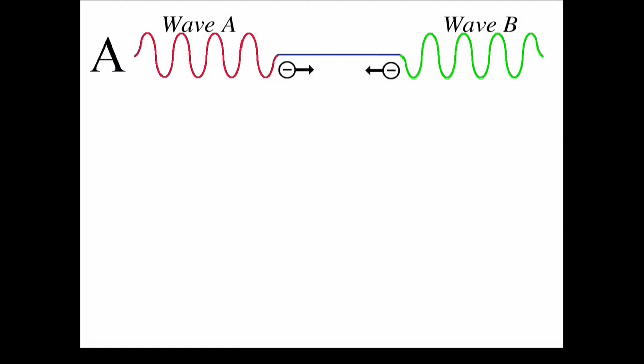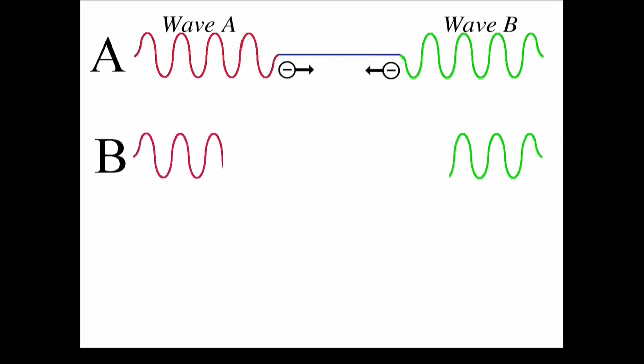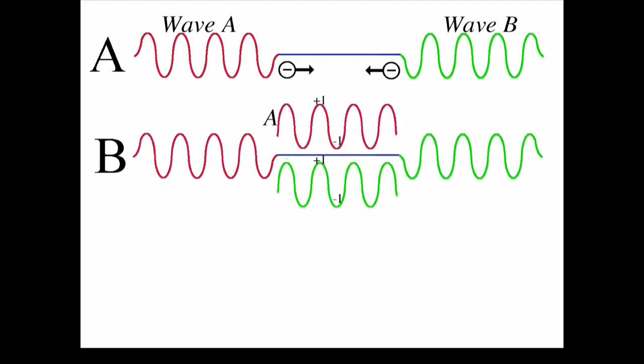Well, you add up the value of the overlapping waves. So simply, schematically, look at it this way. Wave A and wave B are coming toward each other. Where they interfere and overlap, I just overlap the two waves. To know what goes on here, add up the values of the waves. You can see +1 of the red and +1 of the green overlapping means the wave is valued at 2. -1 in the red and -1 in the green means when you add those two waves together, you're at -2.